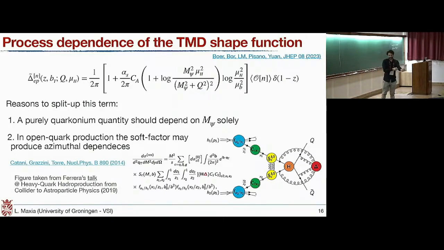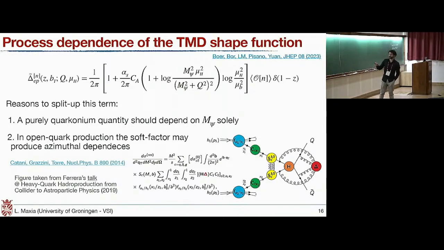So, I repeat, it's strange that you have something that depends on the process for the evolution of the c cbar into the quarkonium. It is natural somehow to split up this term. In particular, also because if you look again at the open quark scenario, the soft factor can also acquire azimuthal dependence.